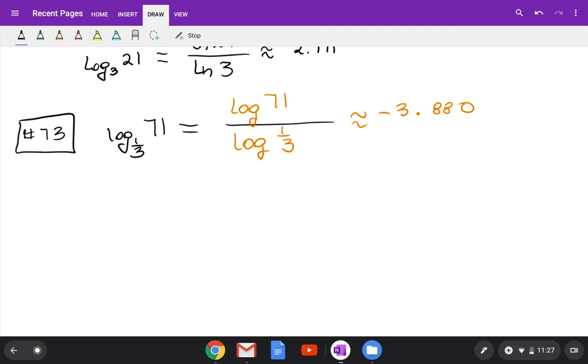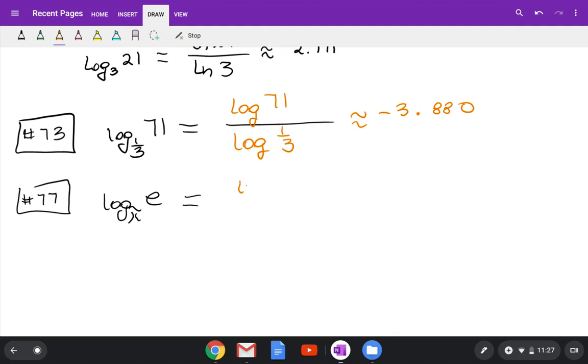And 77, change the base. You have log, the base is pi, which is about 3.14, of e. Okay, beautiful number. Only letters. So I'm going to use ln for that.